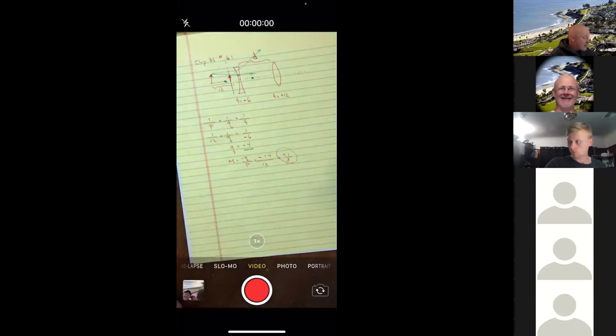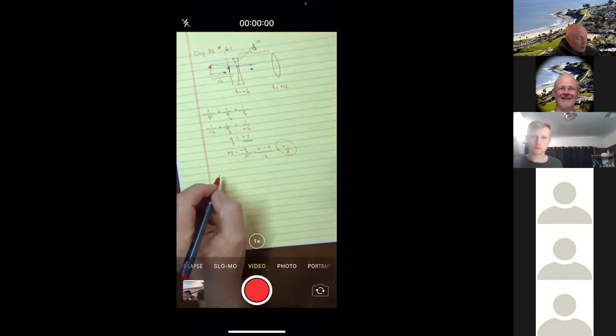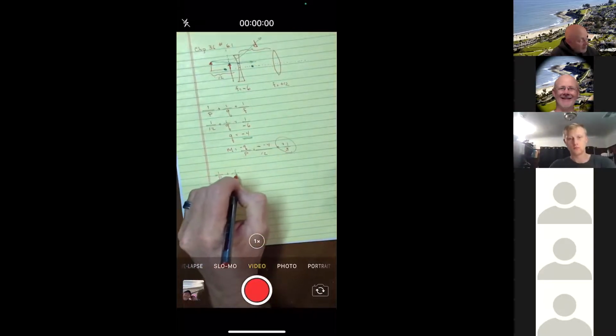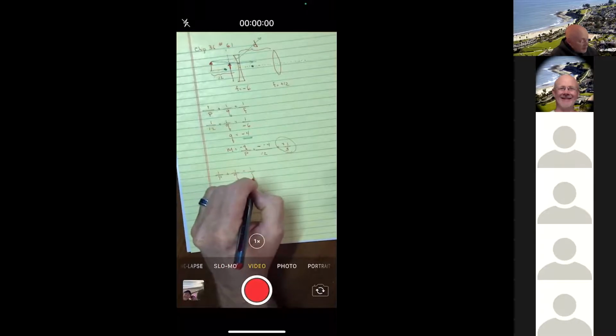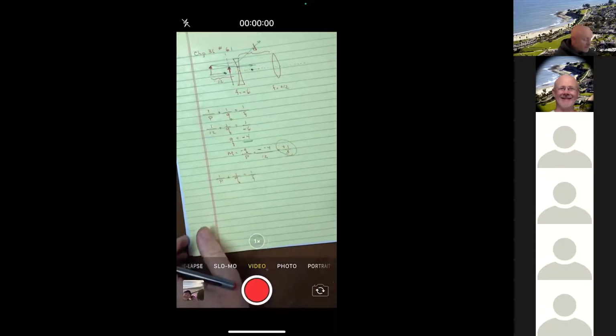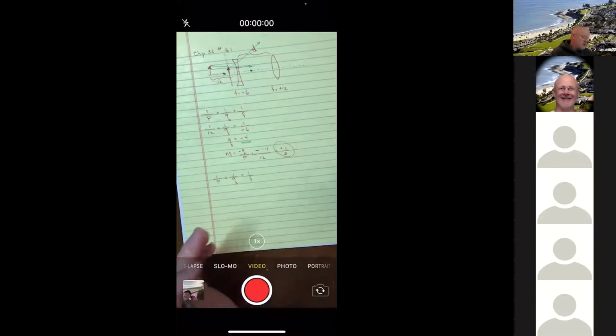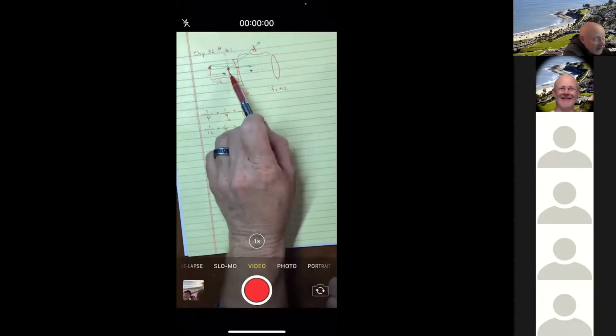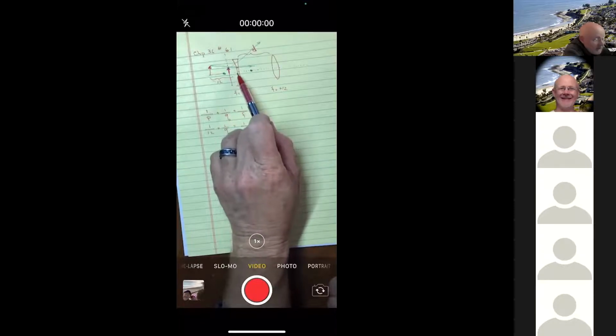Okay, now let me do the same process. 1 over P plus 1 over Q equals 1 over F. And I'll point out this is what makes the two-lens problem the hard one, because as the light is now approaching this second lens, this lens sees the light as if it was coming from the image that is formed by this lens.